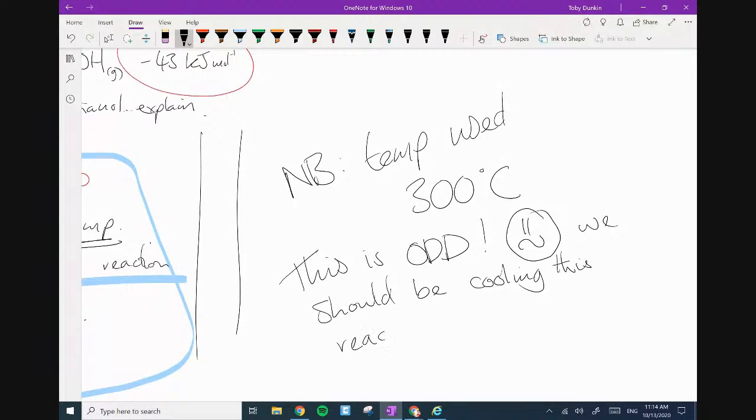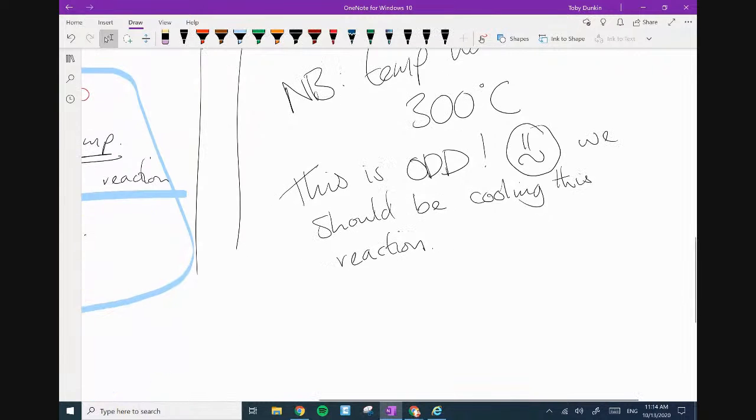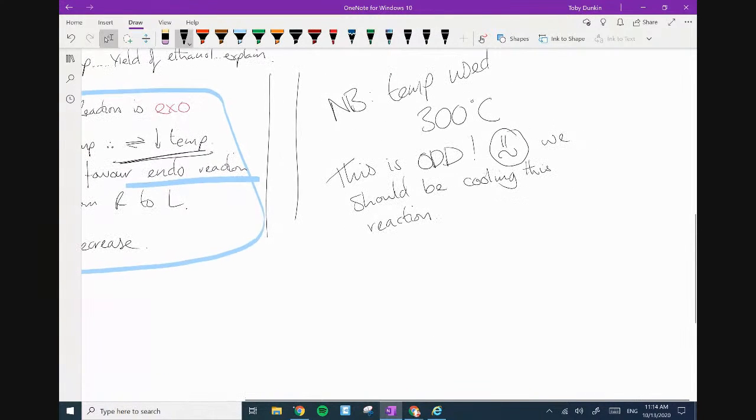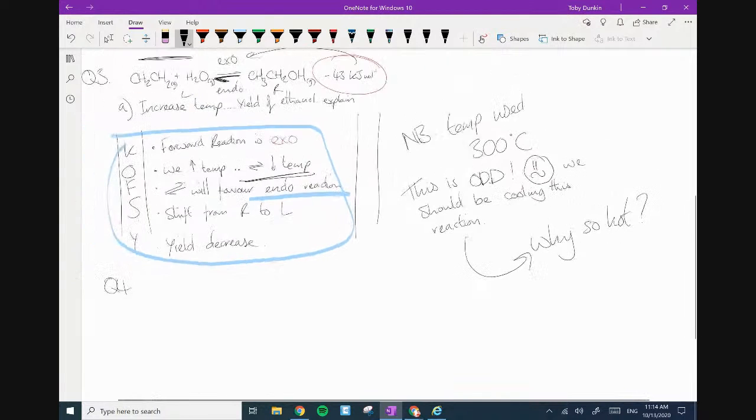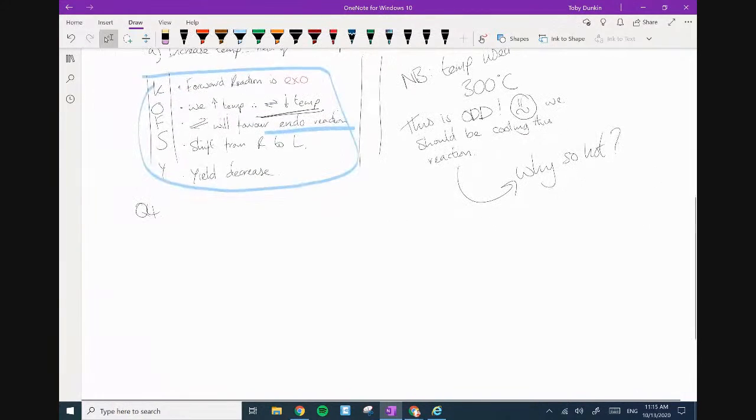If we cool it, we get a greater yield. But we're still running it at 300. Sian, can you tell me why? Why so hot? I'll leave you to think about that one.